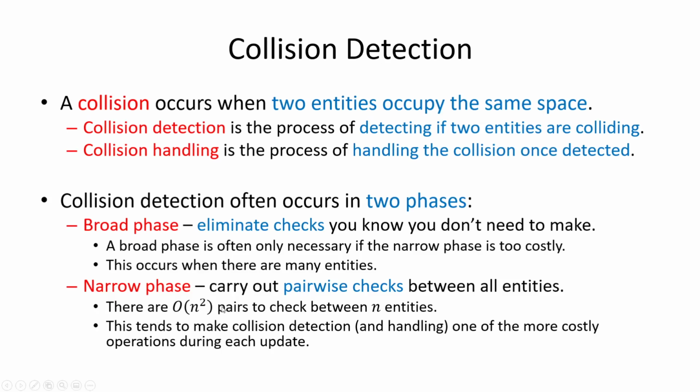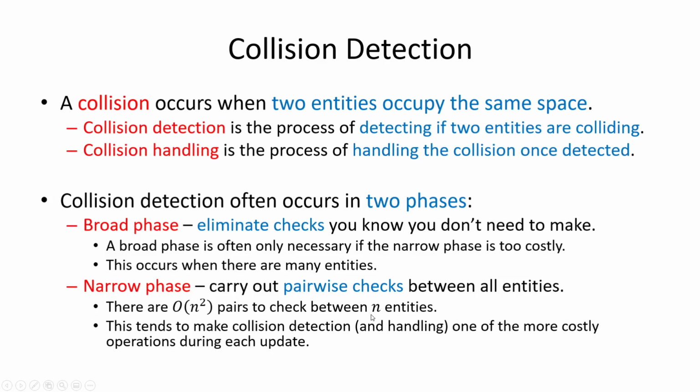And as a result, this is often going to be the most costly thing that you're going to be doing in your updates. As a result, we tend to want to reduce the number of collision detection operations we need to do, meaning we might want to reduce the number of entities that we need to compare between.